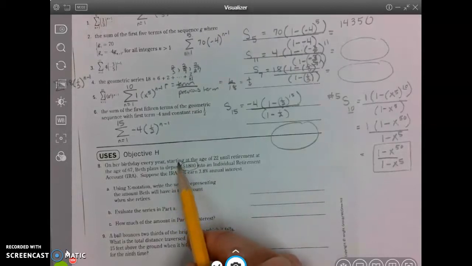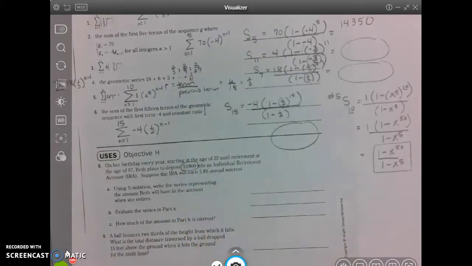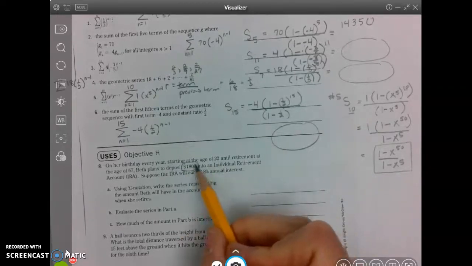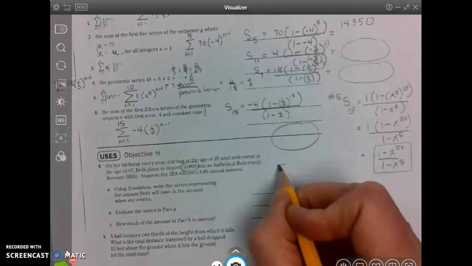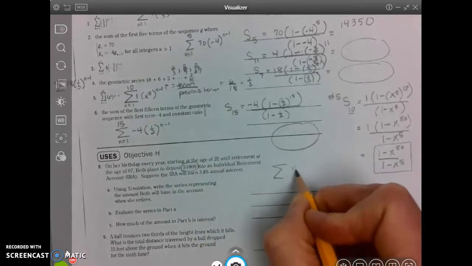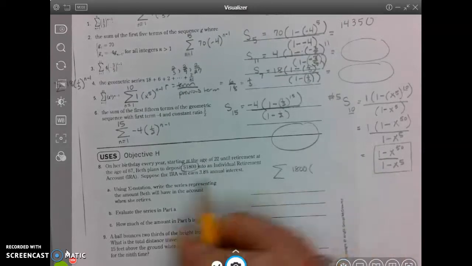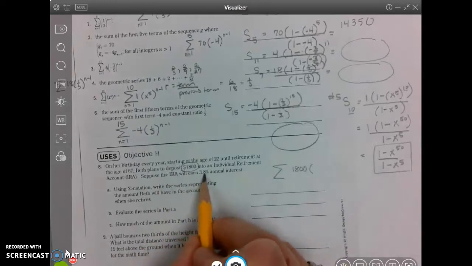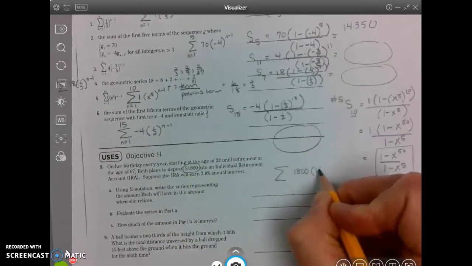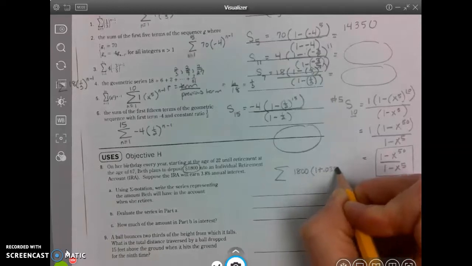It says that starting at age 22, she's going to deposit $1,800. So it's not saying after a year she has $1,800. That's her starting amount at age 22. So $1,800 is going to be the starting amount, and it earns 3.8% interest, so that's 1 plus 0.038.